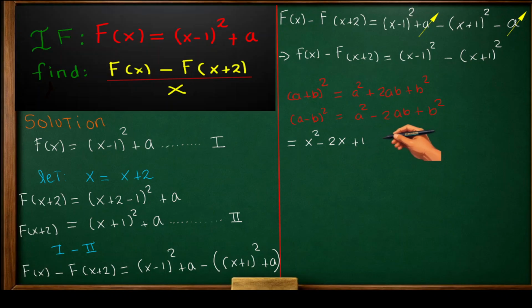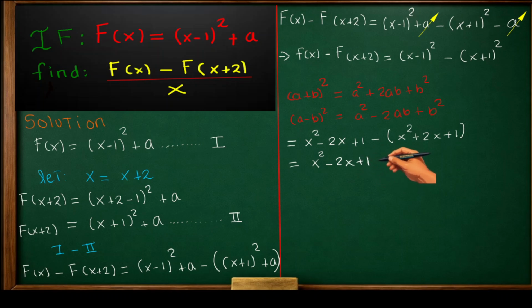Square minus x plus 1 square is x square plus 2x plus 1, equal to x square minus 2x plus 1 minus x square minus 2x minus 1. We cancel x square and 1.